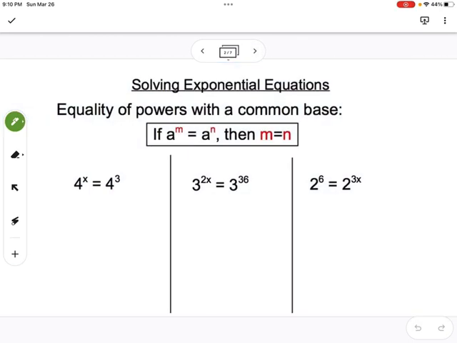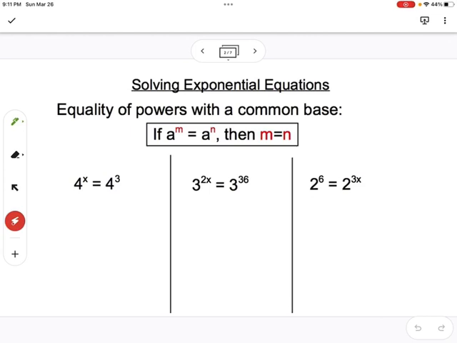Okay, so now going into solving exponential equations. Equality of powers with a common base. So our goal is to create the same base. If we have the same base, then we can drop the base and just solve the exponent piece.